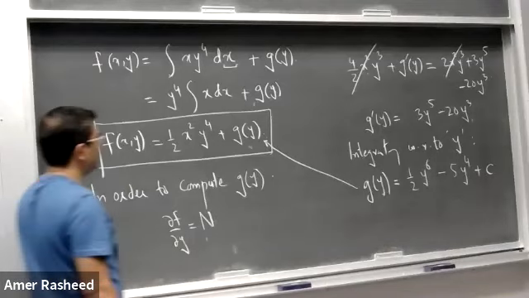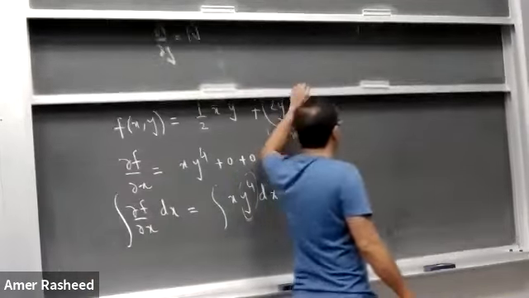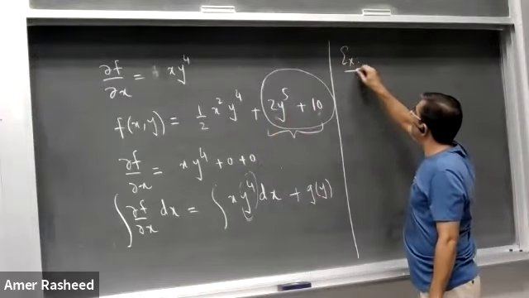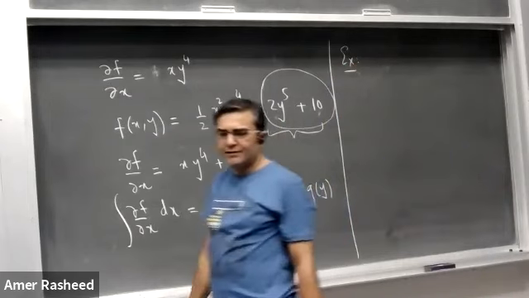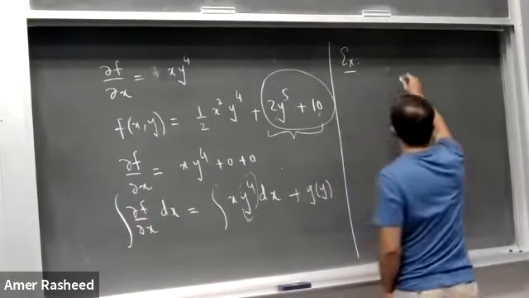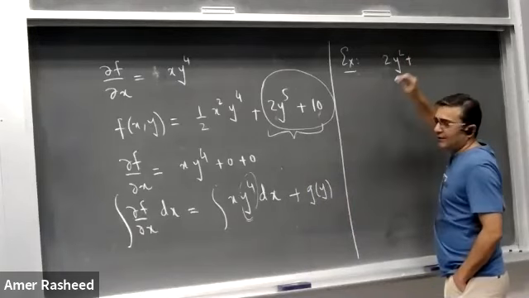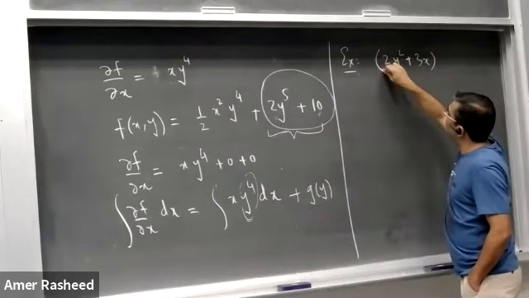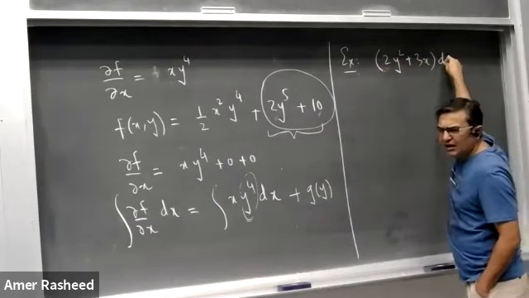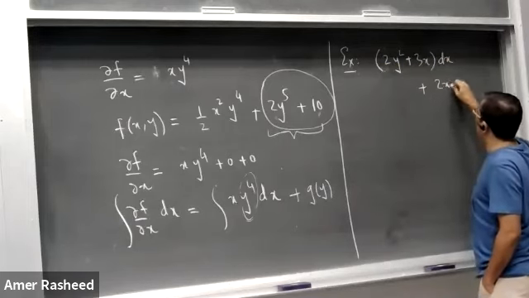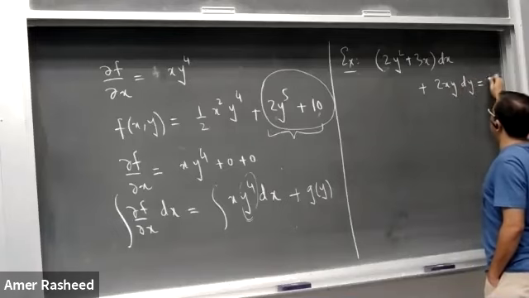I'll give you another example that you people try. Try to solve this differential equation. It is not exact. You have to convert it into an exact differential equation. 2y cube, 2y square plus 3x, 2xy dy equal to 0.